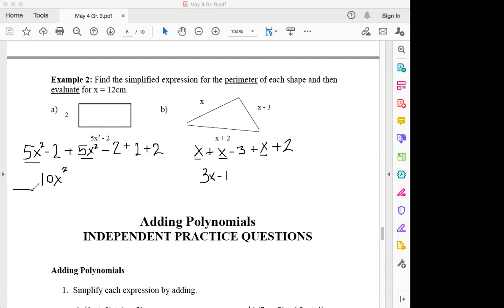Now they want us to find the perimeter if x is 12. So what we're going to do is take our simplified version, the 10x squared, and replace the x by 12. So they're telling us that our x is equal to 12.